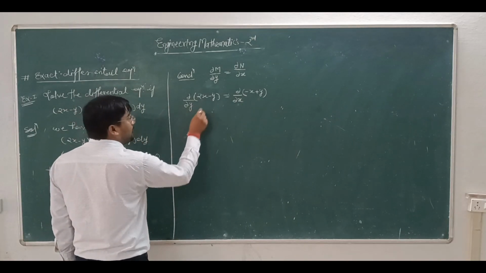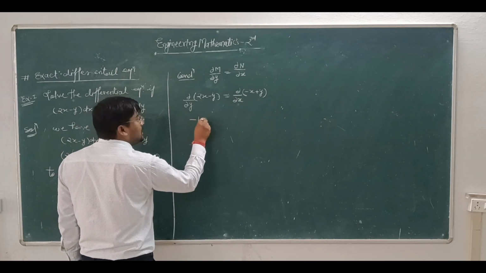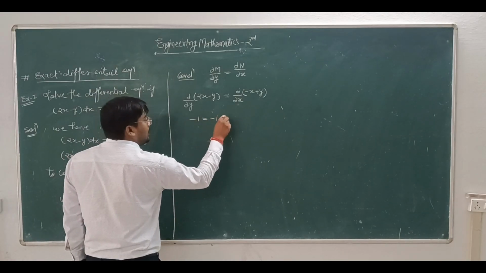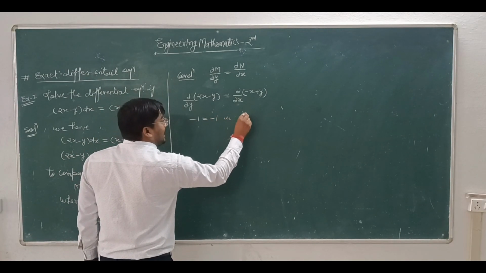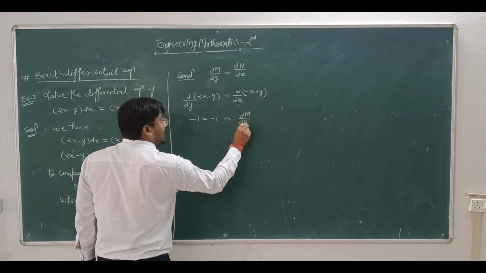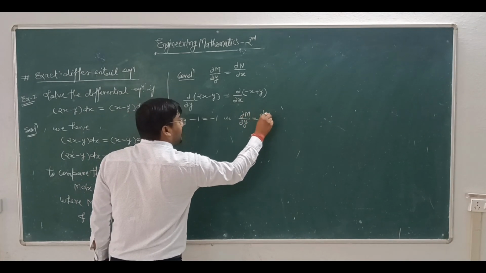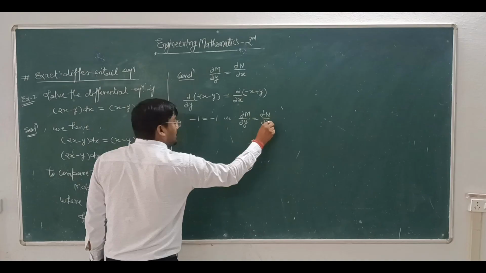Now you can write minus 1 is equal to minus 1. It means del M of del y is equal to del N of del x.